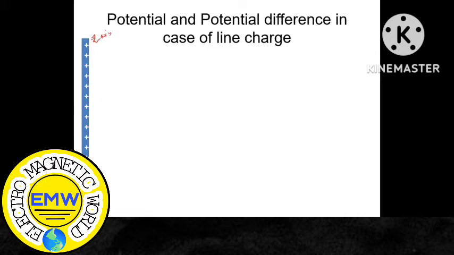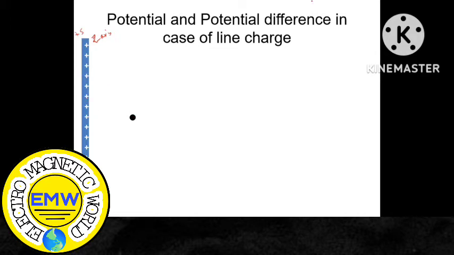must have some limits, maybe +5 to -5, or maybe plus infinity to minus infinity. If a point is placed near that charge line, then we need to find the potential difference at this point.